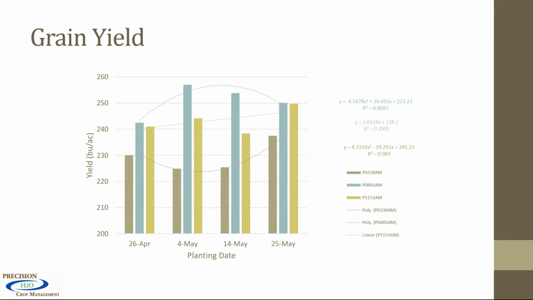And I think these yields are a reflection of where those hybrids were at in their grain fill stages, and I think that's why for 1151 anyways and 339, those hybrids had a higher yield with that later planting date, just because of where it was when those end of season stresses occurred. Those plants were still pretty healthy and able to fill and handle that heat a lot better than the earlier planting dates.